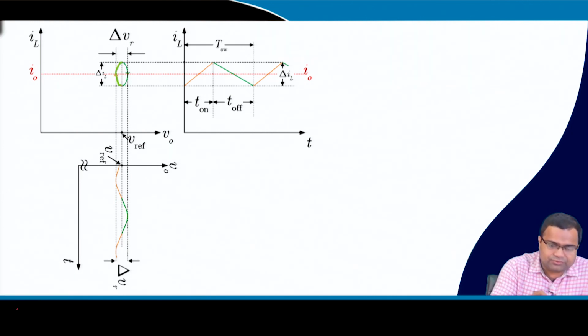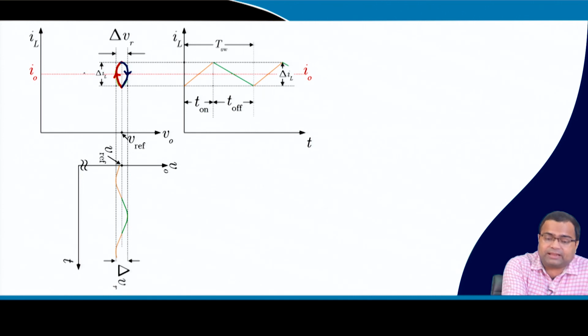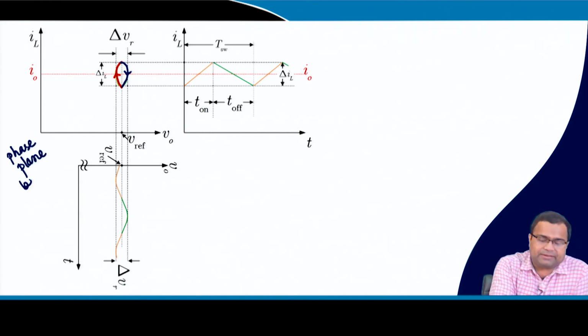I can use red color. The on state trajectory is this, and this is my off state trajectory. And this is my phase plane behavior.